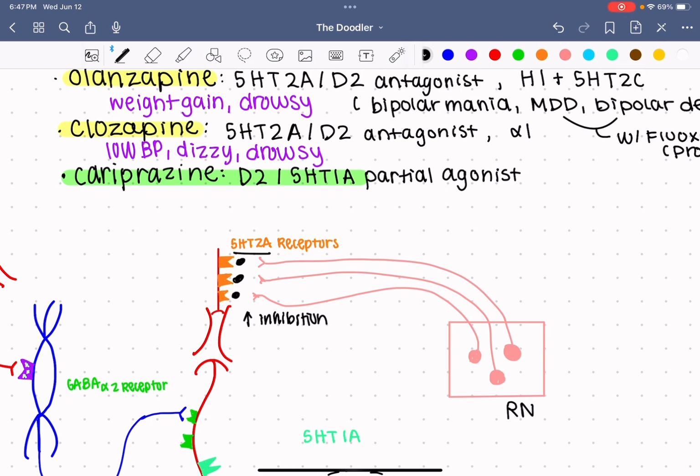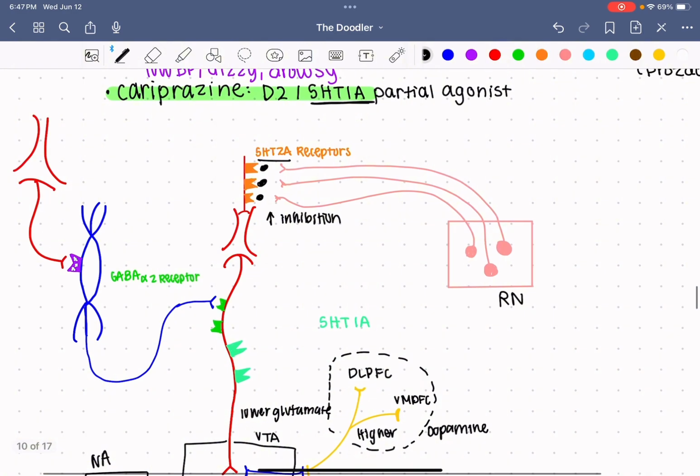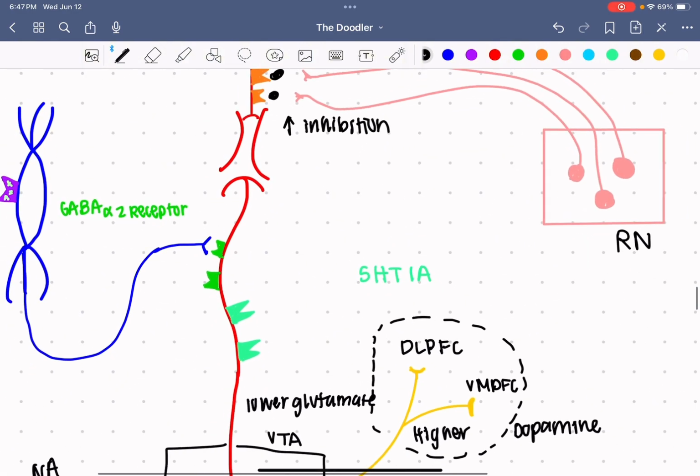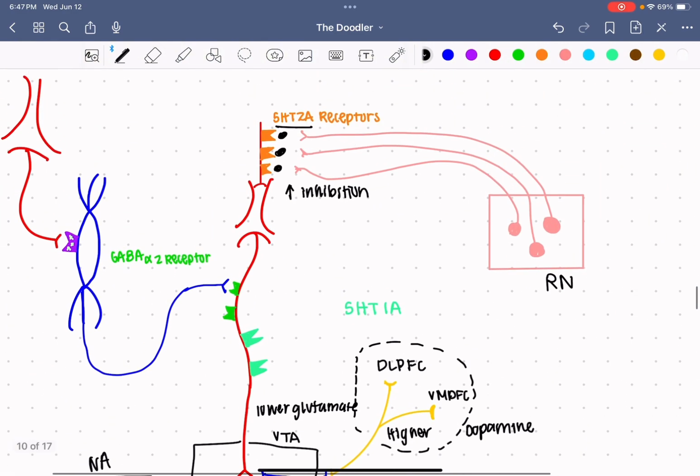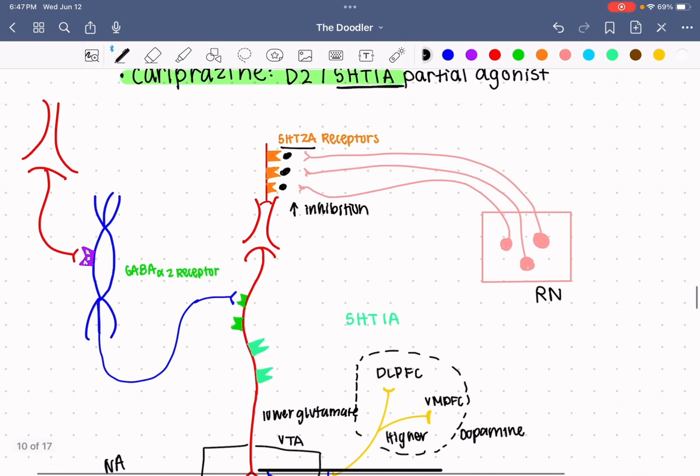So it's not going to do as good of a job at controlling the positive symptoms, but it will help because it has this 5-HT1A portion, and these 5-HT1A serotonin receptors are present on the axon of this second glutamatergic pyramidal neuron. And so if you bind with a partial agonist here, it's going to act as an agonist, and it's going to activate.